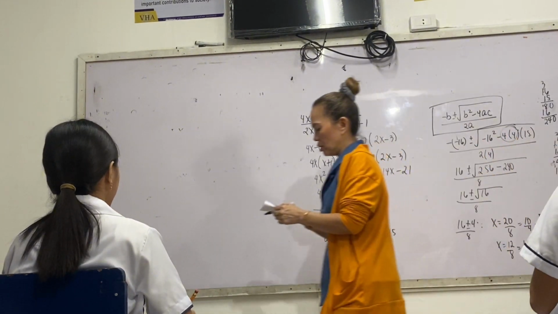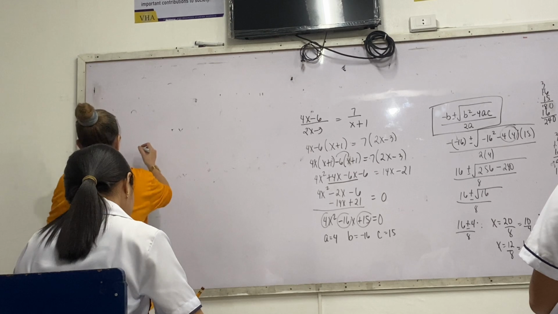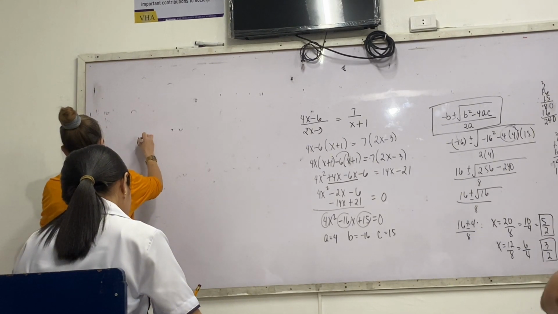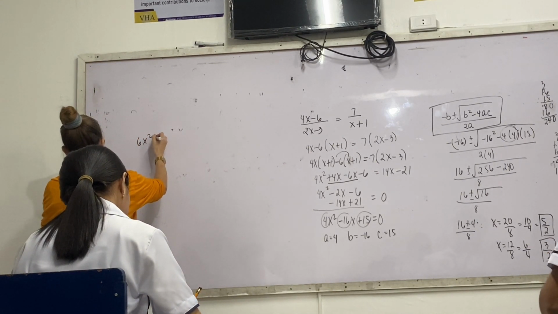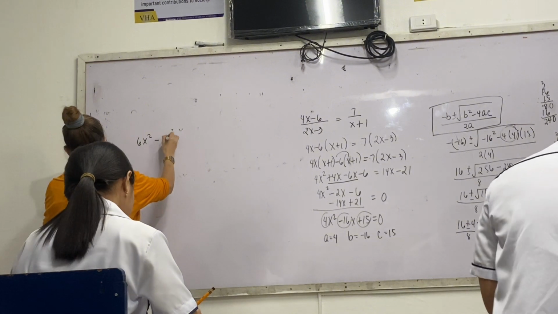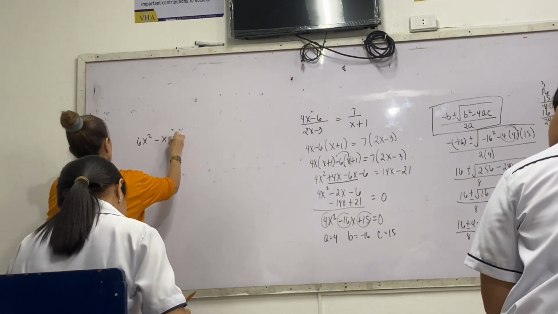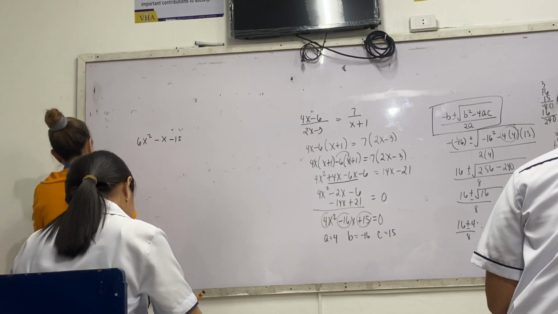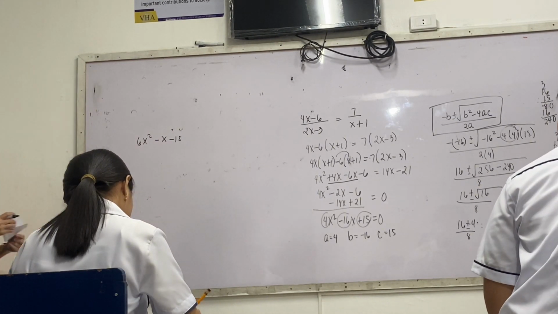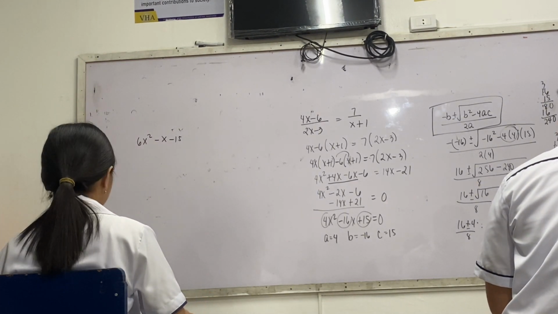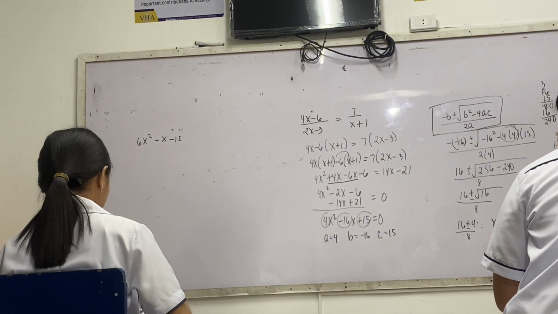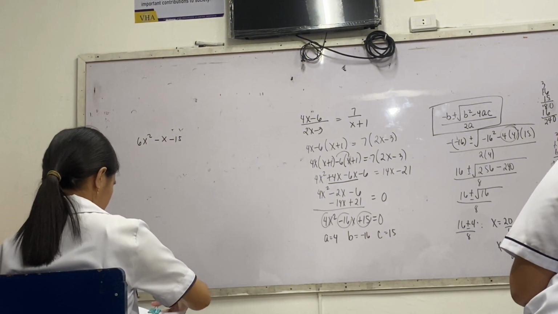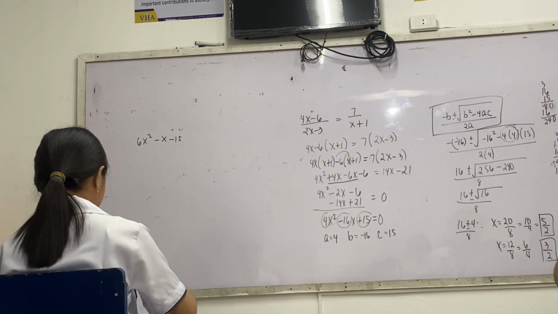Okay, so sige, aralin muna natin ito, quadratic ha. So we have here 6x squared minus x minus 15. Okay. So again, ano daw unang gagawin natin? Determine our A, B, and C. Our A is the numerical coefficient of x squared.